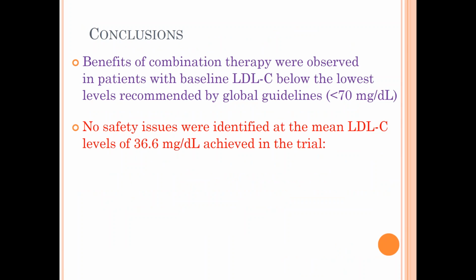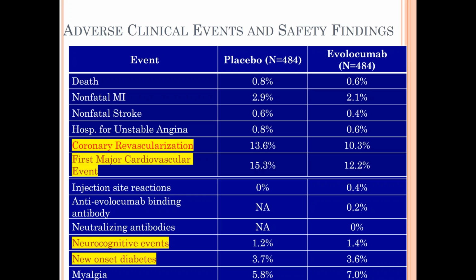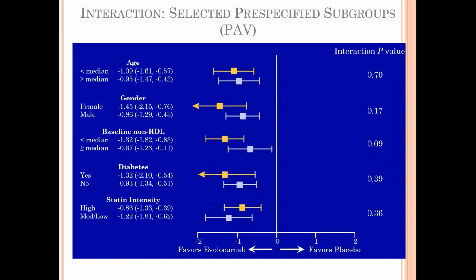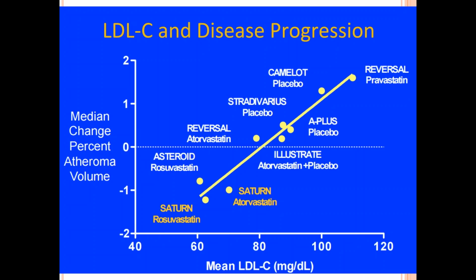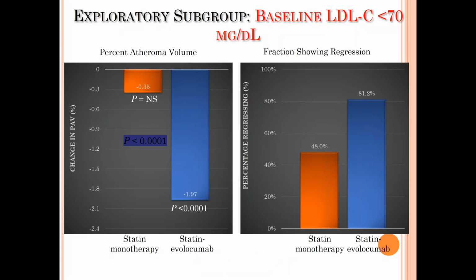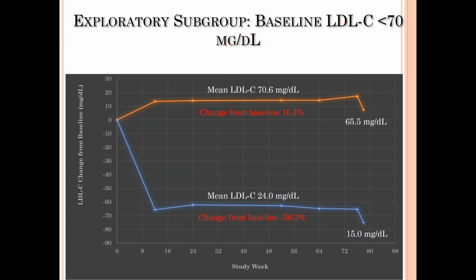Certainly going back and looking at some of these other studies, we certainly saw a great effect using the monoclonal antibody model to decrease LDL cholesterol, and it certainly does that quite well.